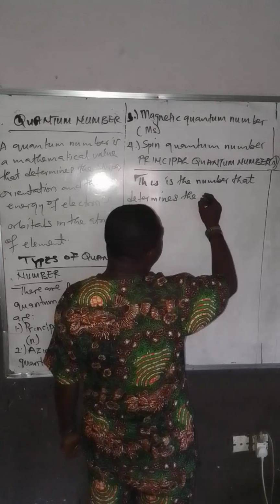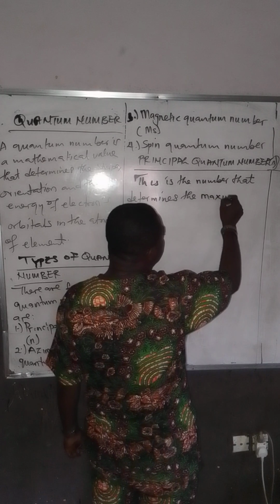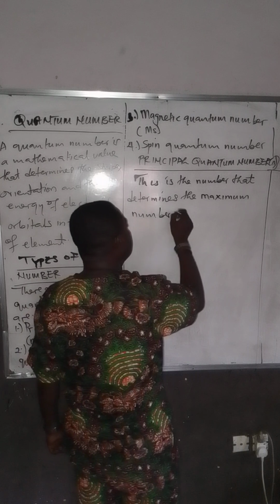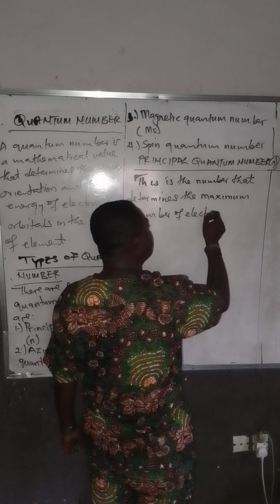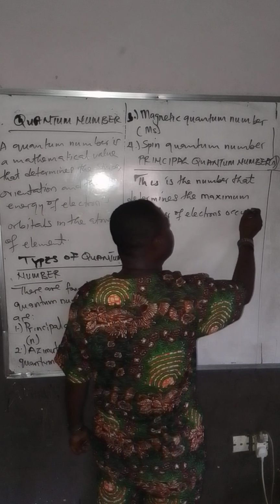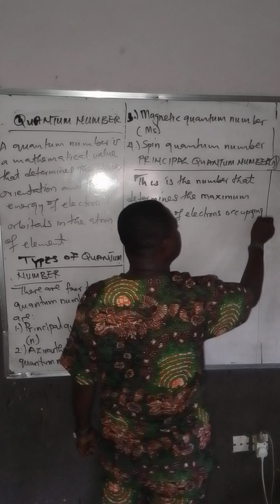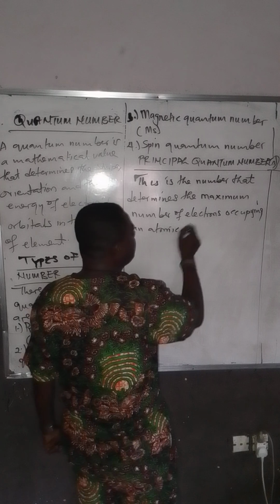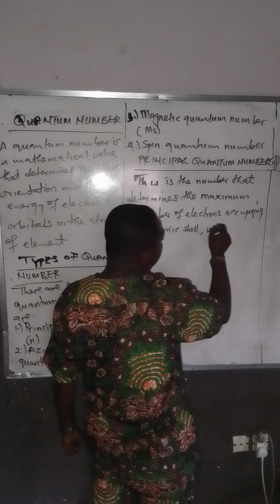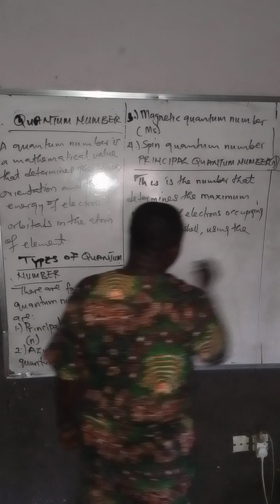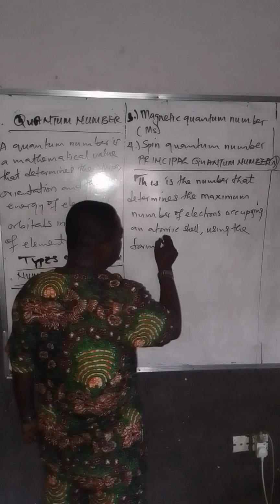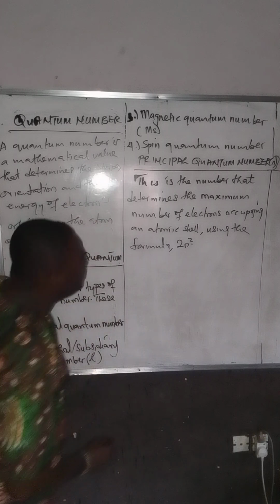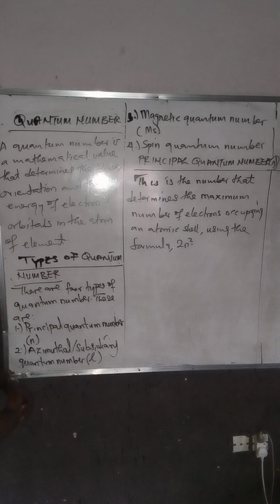Number 1, the maximum number of electrons occupying an atomic shell using the formula 2n squared. Don't forget we have used this formula to determine that.